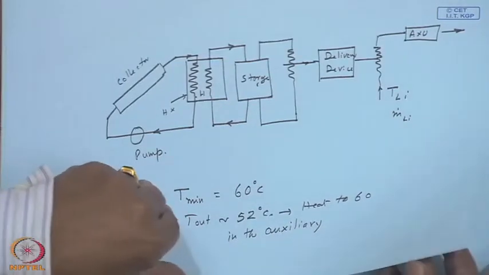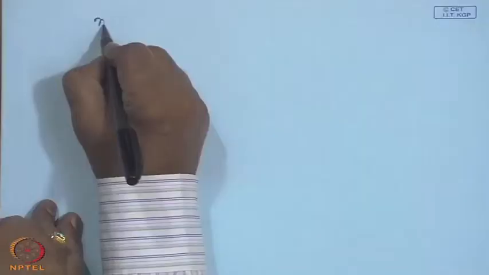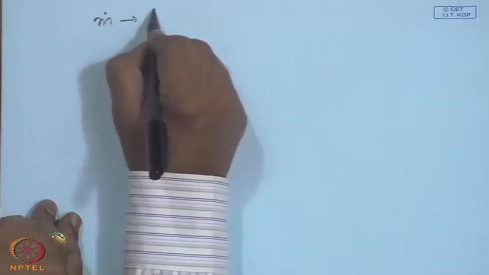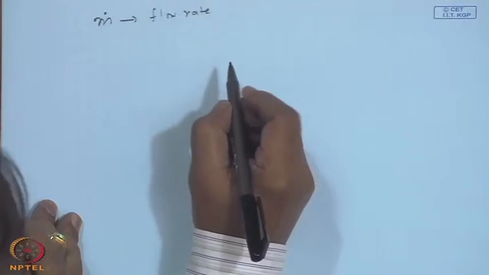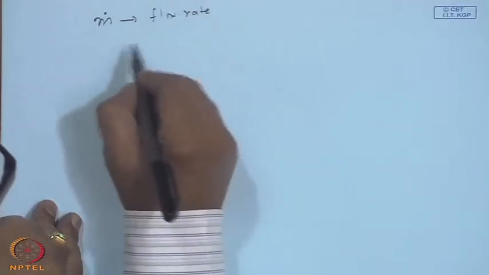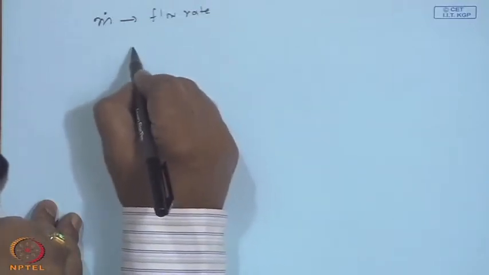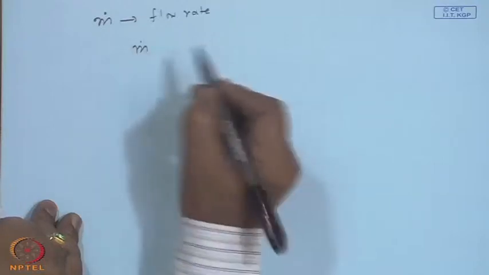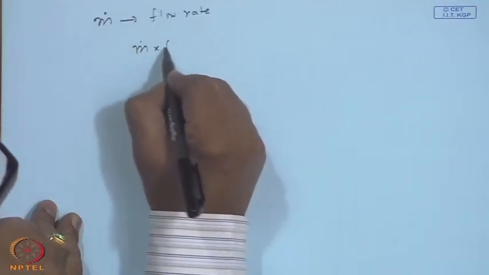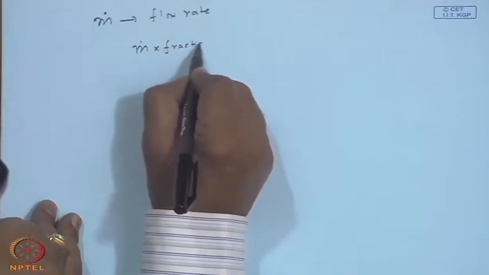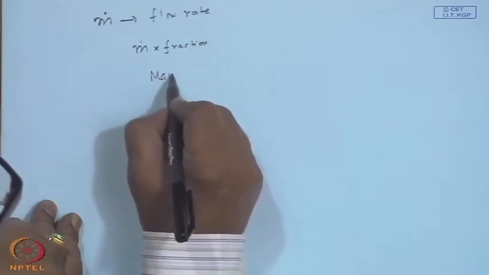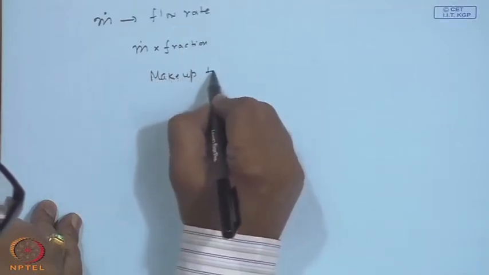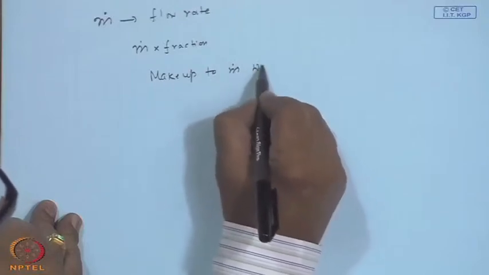or you need m dot flow rate meeting the energy temperature delivery, or the solar energy system is able to cater to m dot multiplied by some fraction. Okay. So, you can make up to match m dot with the auxiliary.